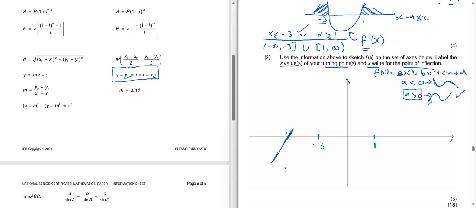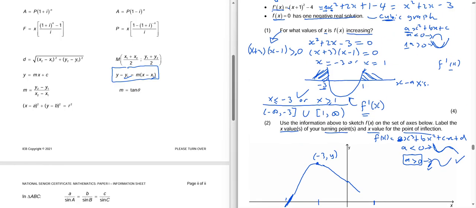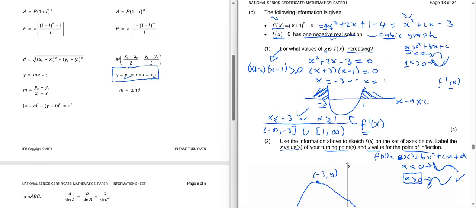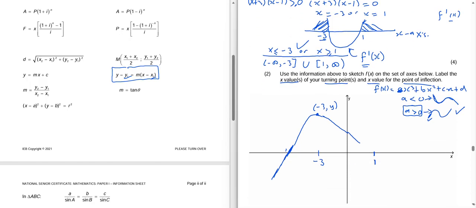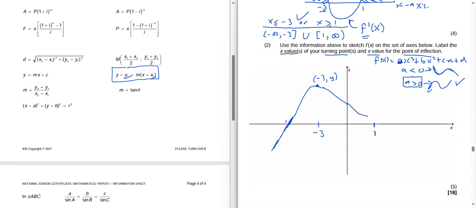That's what it means. But then remember, we said -3 is a turning point, so it will come and do a turning point there. So this point we can say maybe it's -3 comma y, and then it will come down to the other turning point. Now remember, the question says it has one real solution, meaning for the rest it will be hanging in the air.